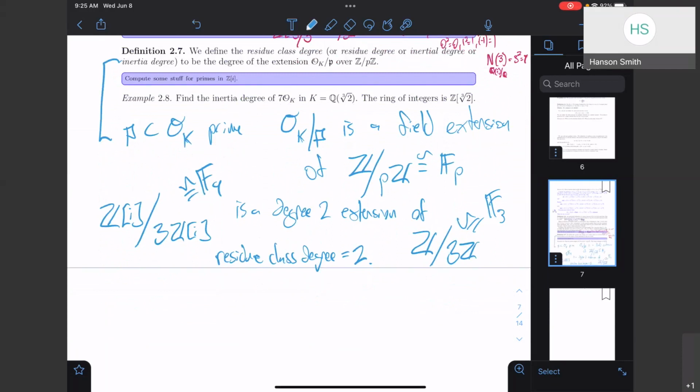I normally say residue class degree, and then I was looking up other terminology because I know this is one of those terms that a bunch of things get tossed around for, and then inertia degree got stuck in my head. Anyway, I want to go ahead and try to compute the inertia degree of the prime 7 in the ring of integers of Q adjoined the third root of 2.